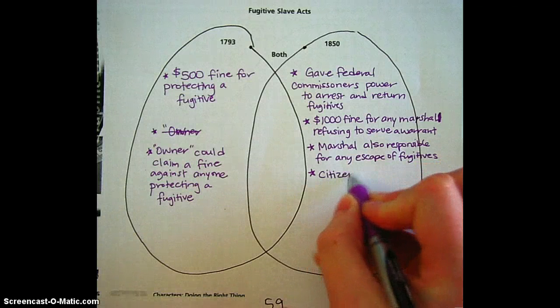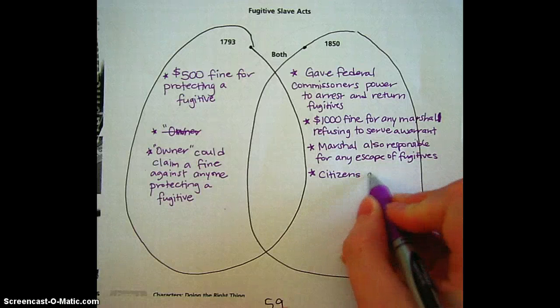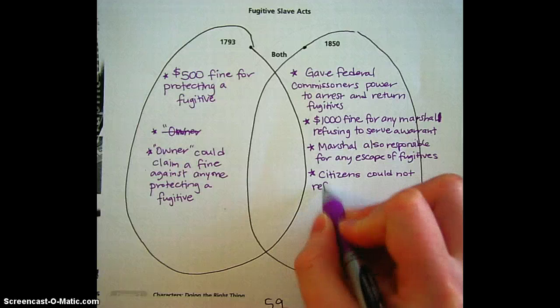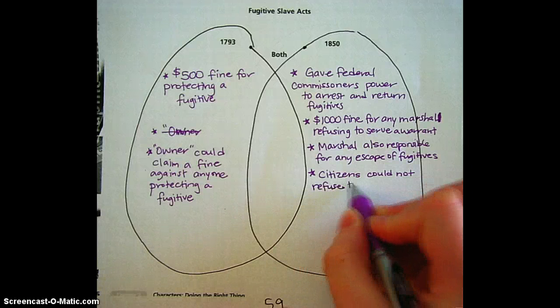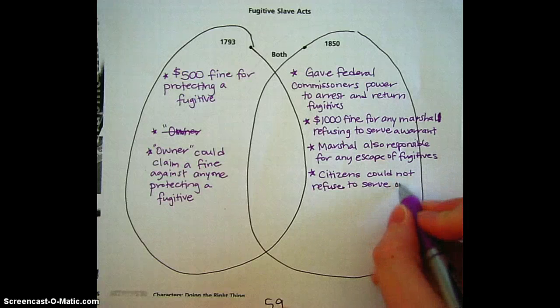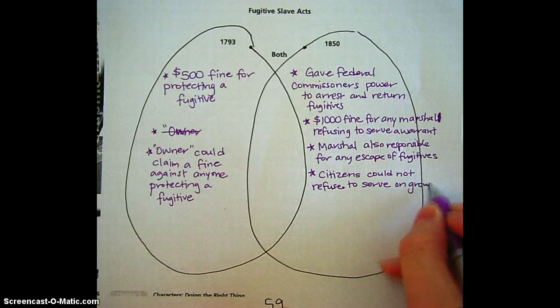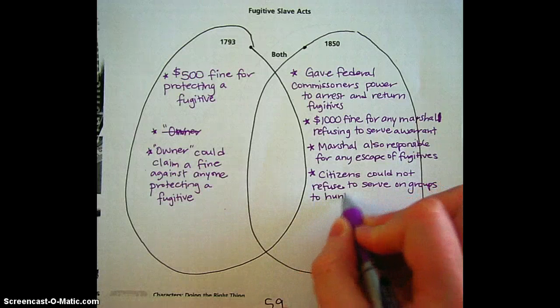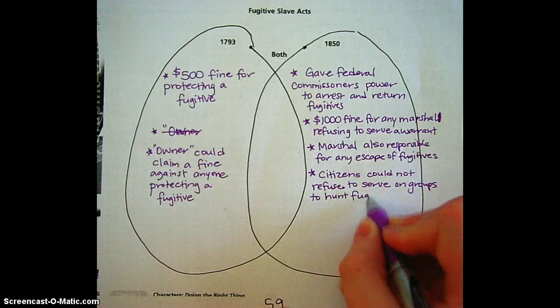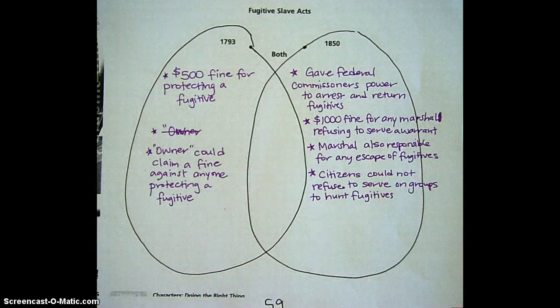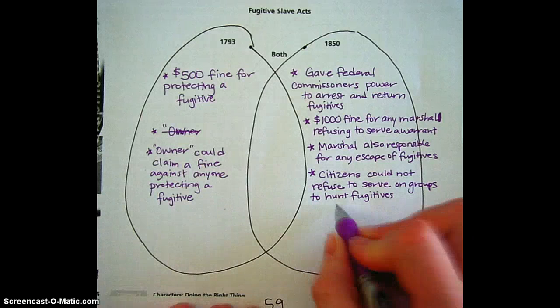Also in 1850, this law said that citizens could not refuse to serve on groups to hunt fugitives. This is called deputized.